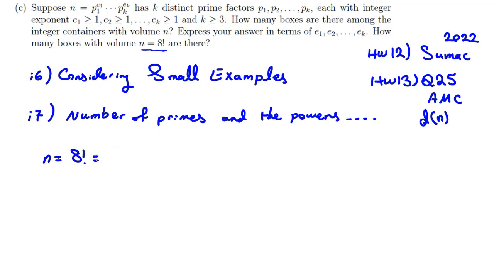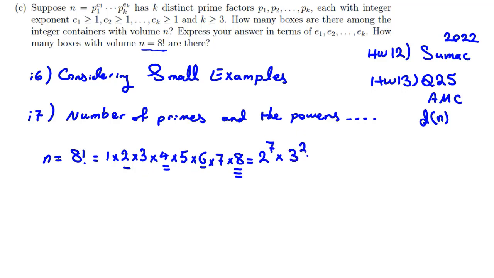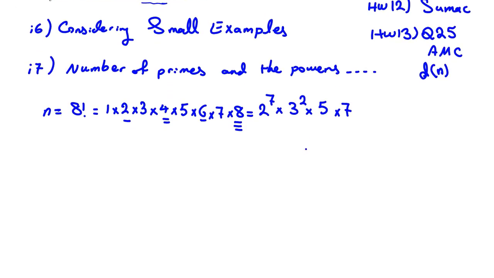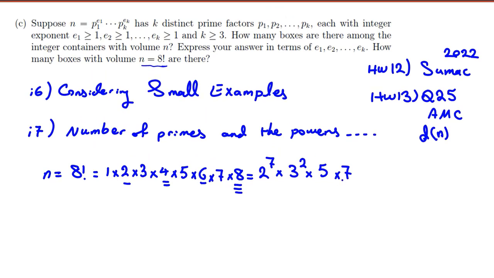If we write it as 1 times 2 times 3 times 4 times 5 times 6 times 7 times 8, it is 2 to the what? 1, 2, 3, 4, 5, 6, 7. 2 to the 7 times 3 to the 1, 2, 3 squared times 5 times 7. Okay? Now, we want the product of 3 terms equal to 2 to the 7th, 3 squared, 5 times 7. So let's write x, y, z equal to this.